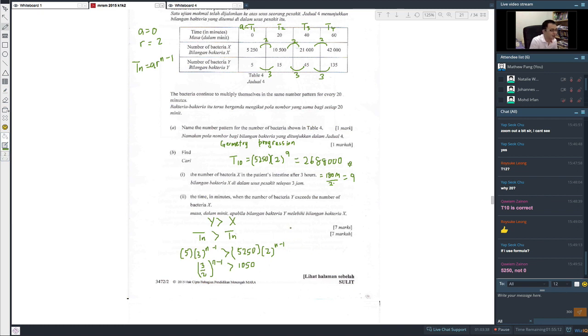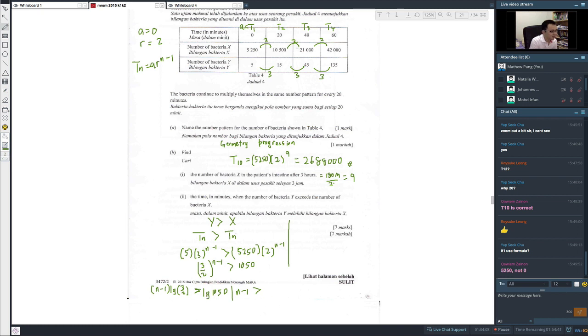I know n minus 1 I can move in front because this is log. And then this is log 1050. And then n minus 1, okay, sorry, the symbol is not like this. The symbol is bigger than. First you have to know, because this is an inequality, when you move the log of 3 over 2, you press the calculator to check whether this value is positive or negative first.